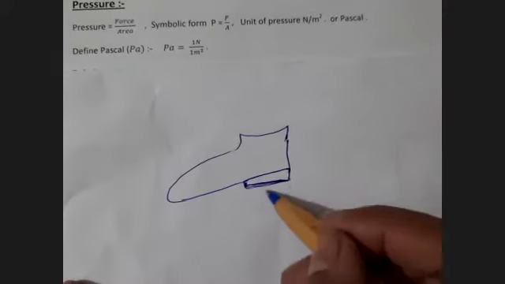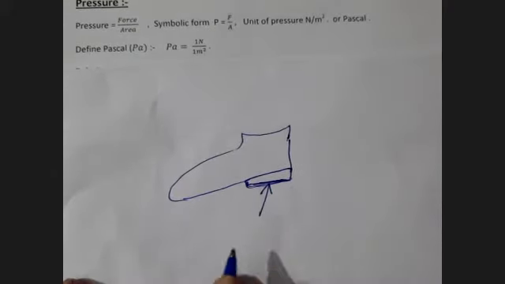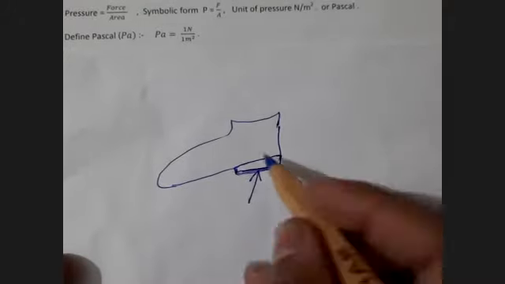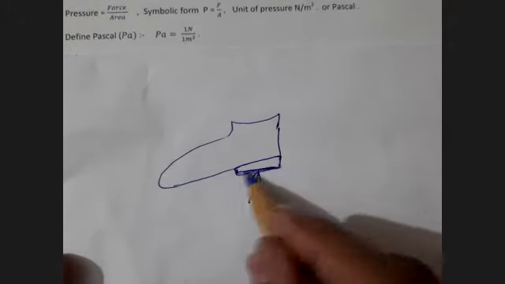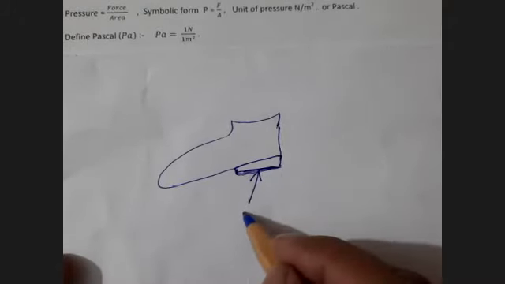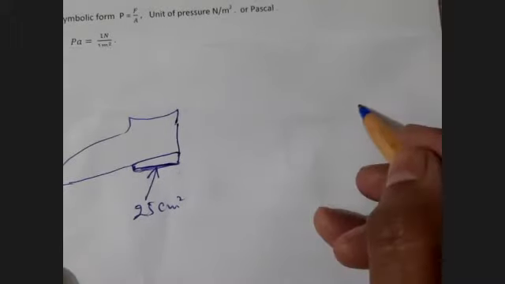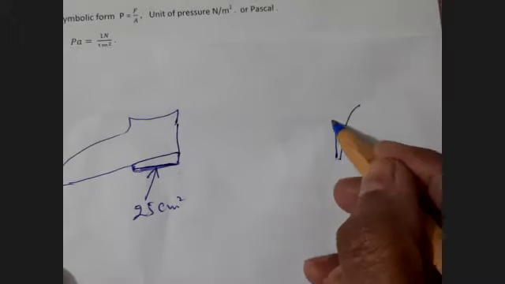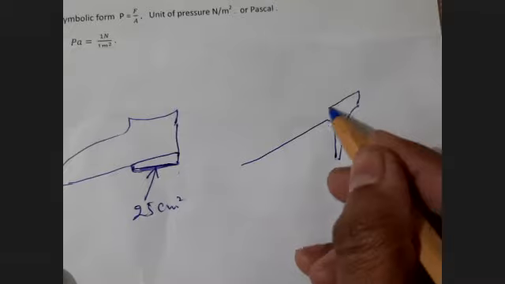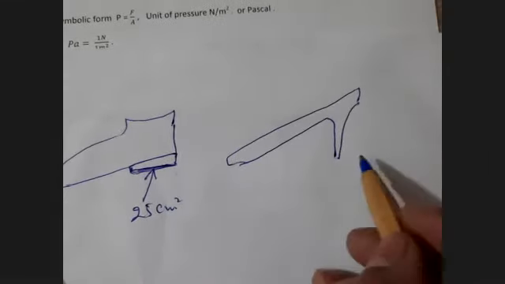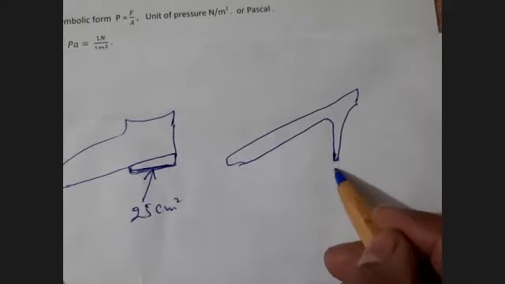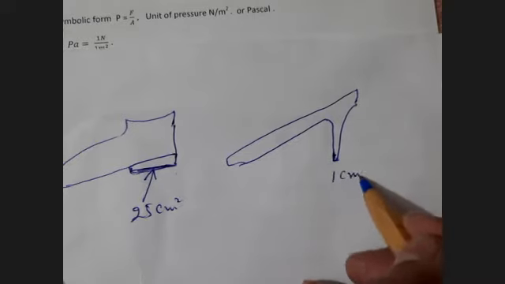The area under this boot, suppose, is say 25 centimeters square, and there is a heel like this, a lady's sandal, its heel. Suppose its area is 1 centimeter square.